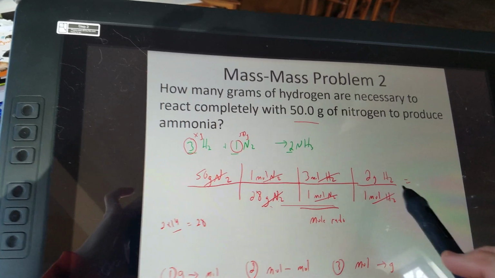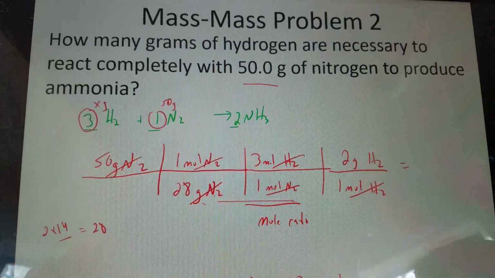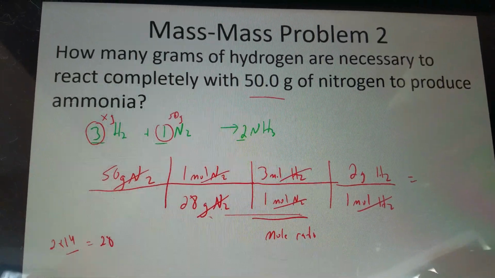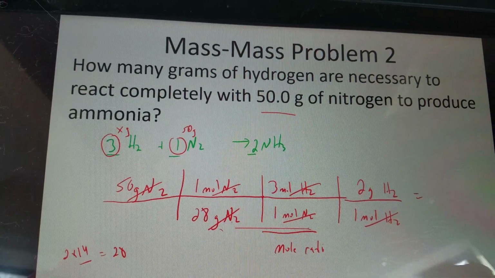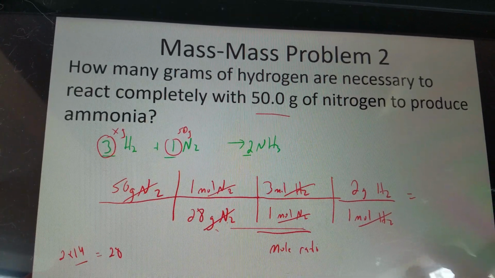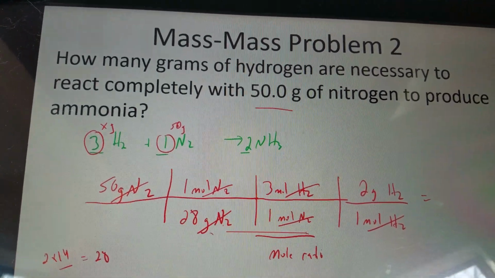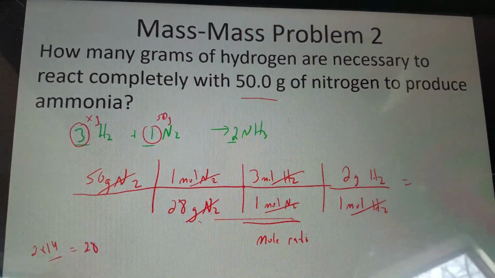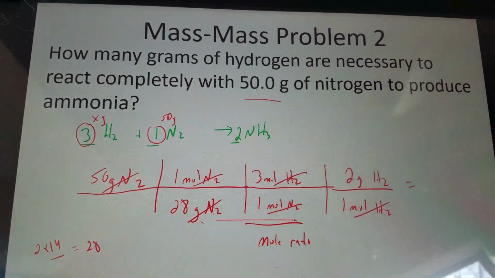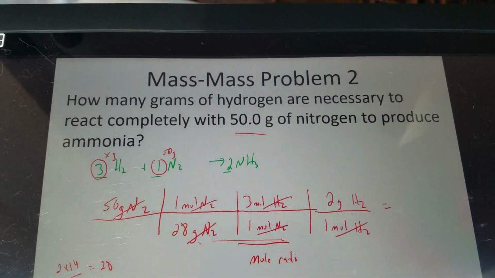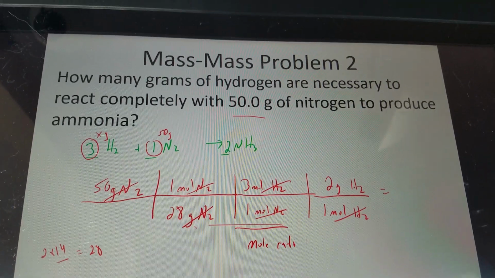I'll be left with grams of hydrogen, and now the rest is just doing the math. So I'm going to run and get my calculator, so hang on just a minute.